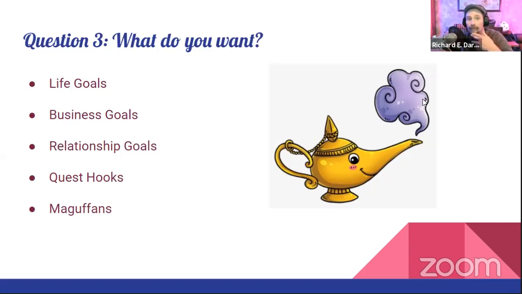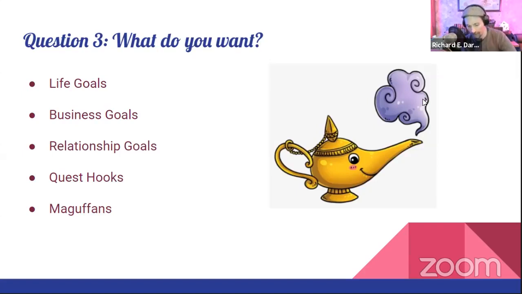Usually, I am so focused on getting the information that I want them to have out there that I do a poor job of portraying the NPC, and it makes them kind of bland and easily forgettable because I'm just trying to feed them information instead of playing a real person. What really makes a person come to life is what are their life goals, their business goals, what are their ambitions, what do they want out of life? This is what really makes people unique. I think this is really, really important.